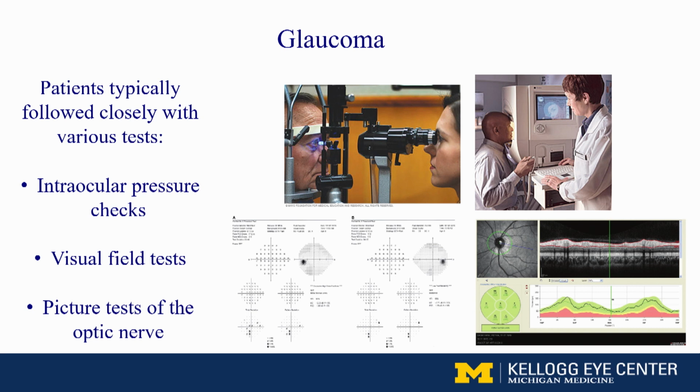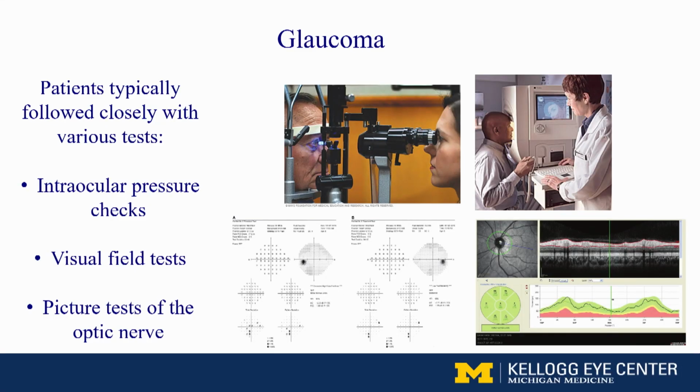We put all these pieces together and we say, okay, we're suspicious of glaucoma, or we might say you have glaucoma. We try to define what kind of glaucoma and the severity of the glaucoma, and that helps us follow you in the future. And with all of these tests, we do baseline testing, so as we follow you going forward, we have something to compare it to. Okay.